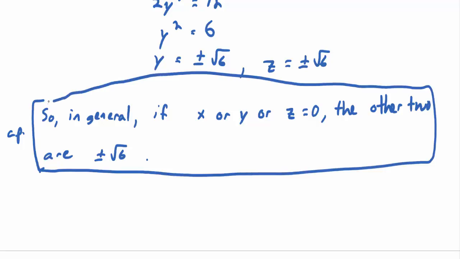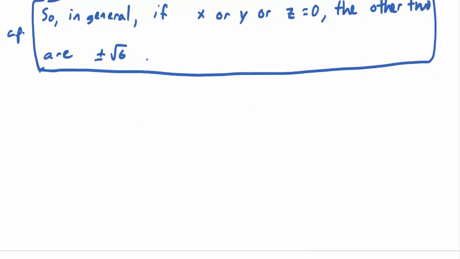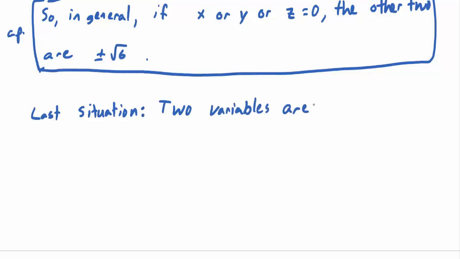Now, there's one other situation we haven't looked at. What if two of the x, y, or z are equal to 0? So the last situation: two variables are 0.